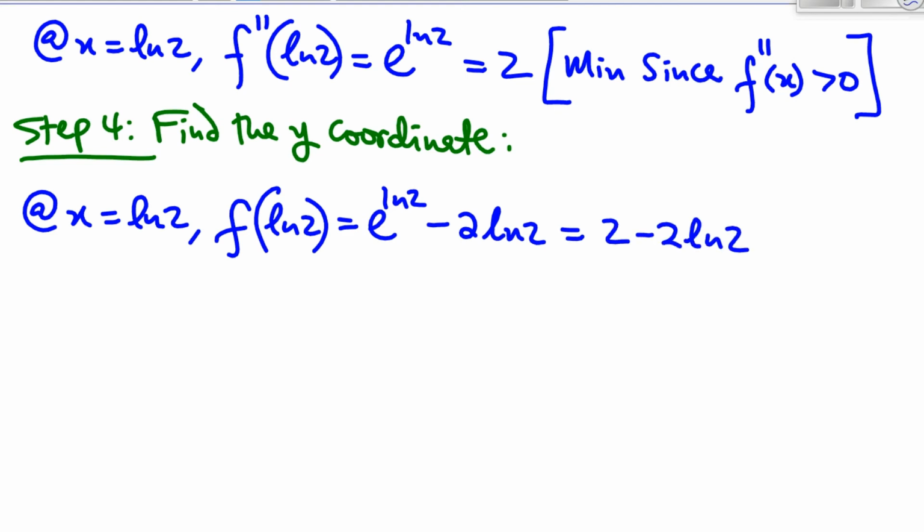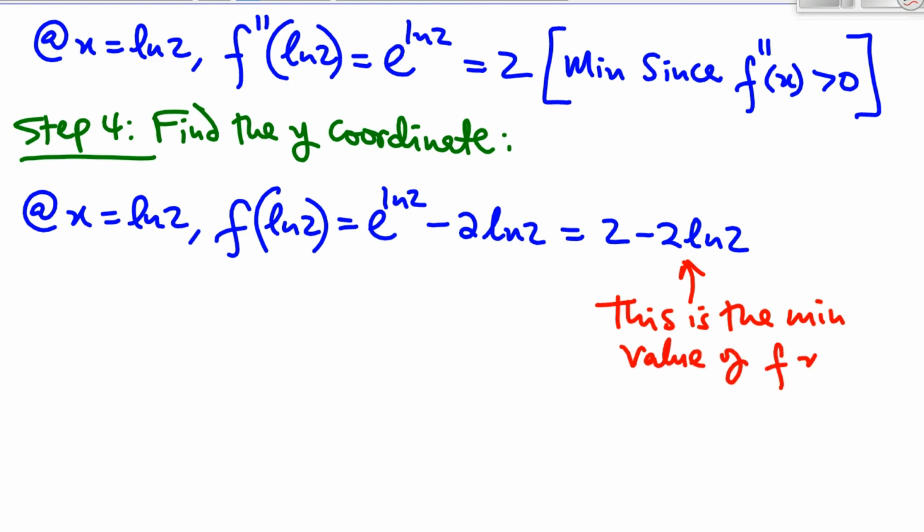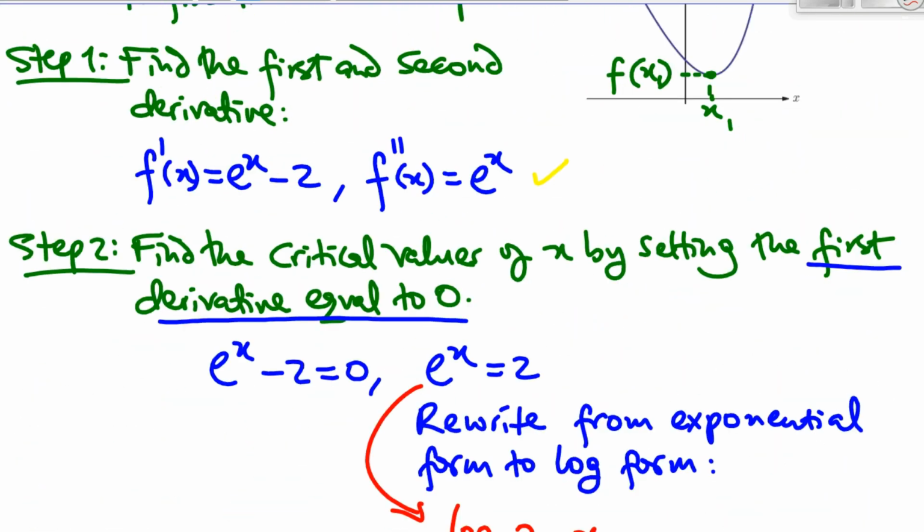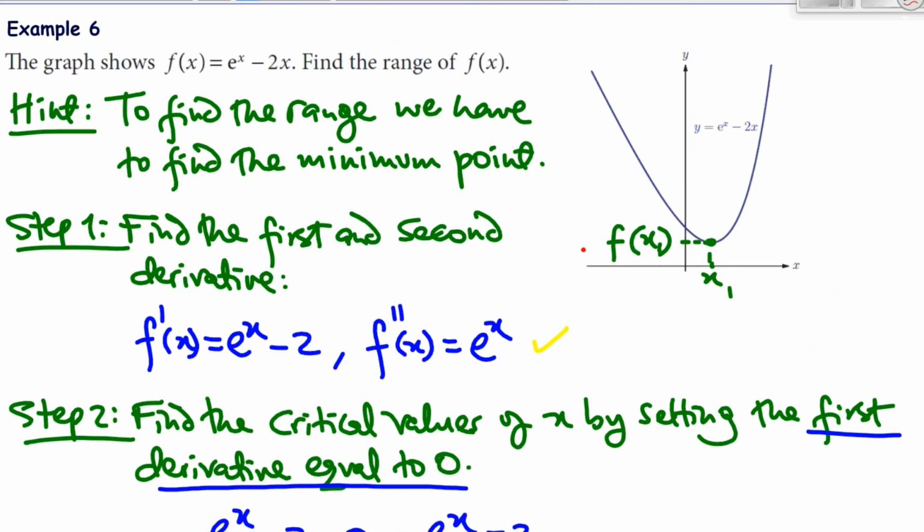This is the minimum value of f(x). What it means is that this point here is 2 − 2 ln 2.